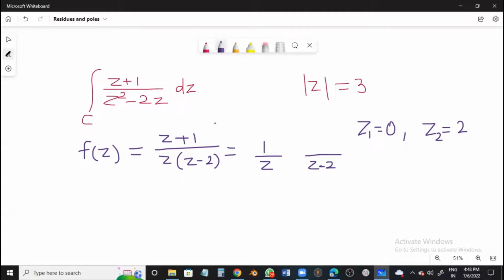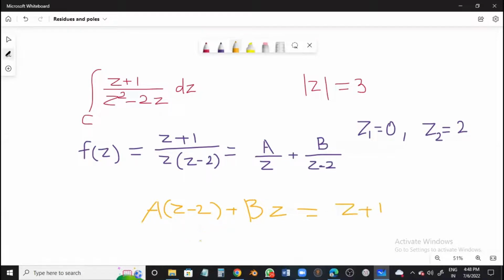Yes, come up. You may say A upon Z plus B upon Z minus 2. So what will happen then? A times Z minus 2 plus BZ will be equal to Z plus 1.